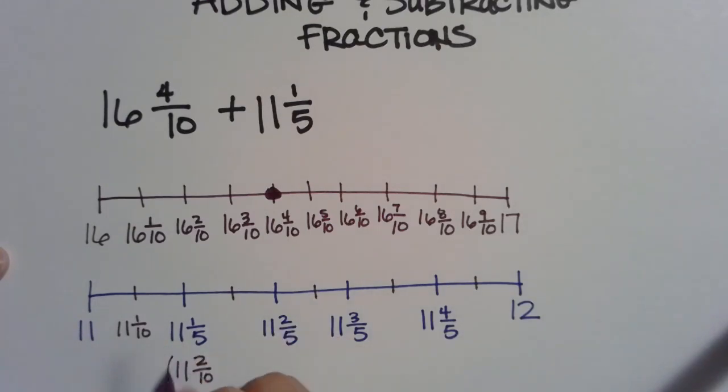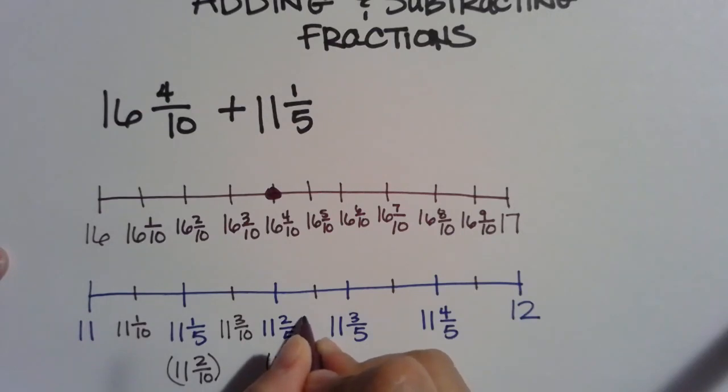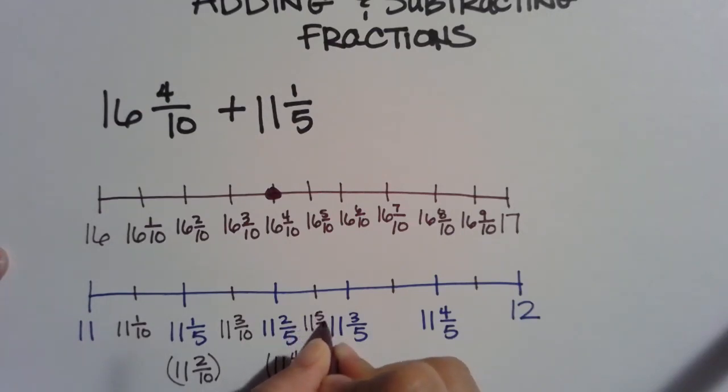Okay, and then up here then I would have 11 and 3/10. Then I have 11 and 2/5, which is equal to 11 and 4/10. Here I would have 11 and 5/10. And 11 and 3/5 is equal to 11 and 6/10.